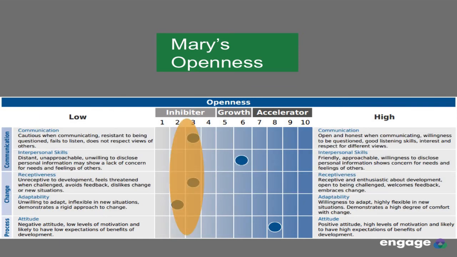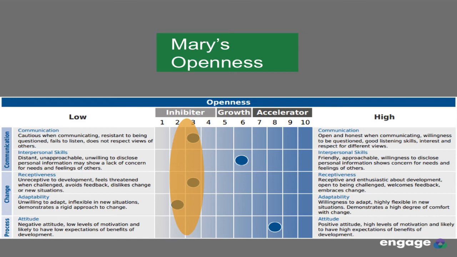And I see there's 3 areas in the inhibitor stages there. So does this suggest that Mary doesn't believe she's that open? So this would start to indicate that perhaps Mary's not quite as open as she needs to be in order to make progress. What we do know is that the more open we are to learning, to development, that we're likely to make more progress.